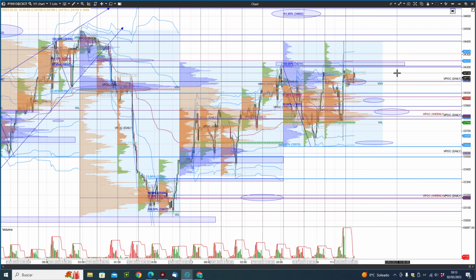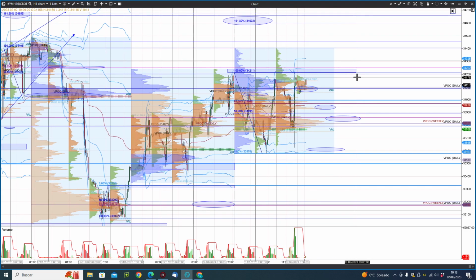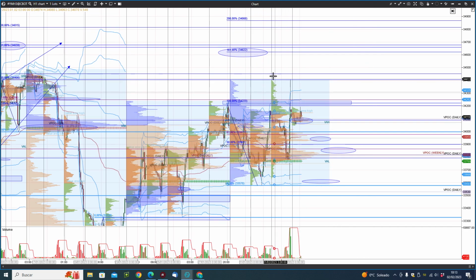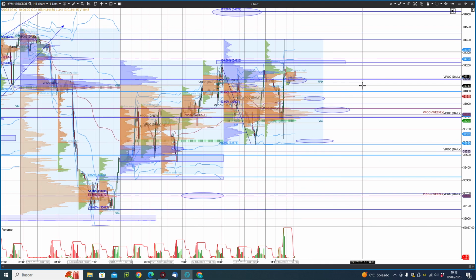Okay, then let's see the targets. Upper target, this price action zone, 34,216, and then if the price continues rising, the projection of this pullback could take the price to 34,622.